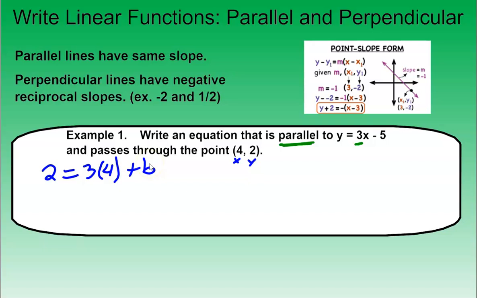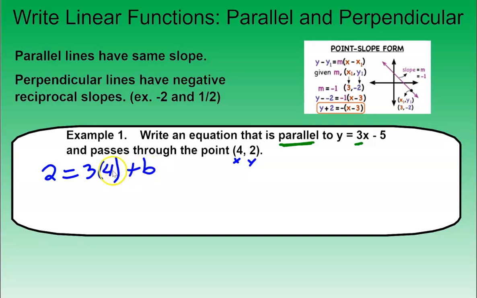Now, it doesn't say what form to put it in. You could use the point-slope form because you do have a point and you do have a slope. I'll show it first putting into slope-intercept form, and then I'll show you how to put it in point-slope form.